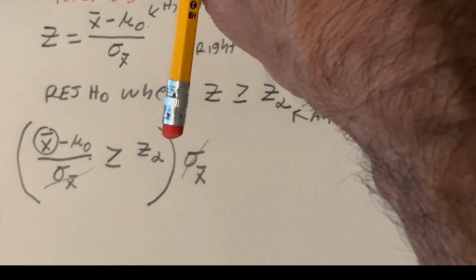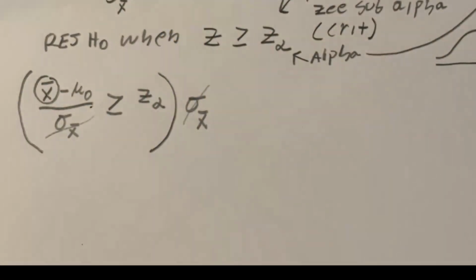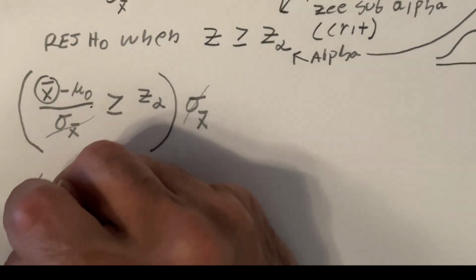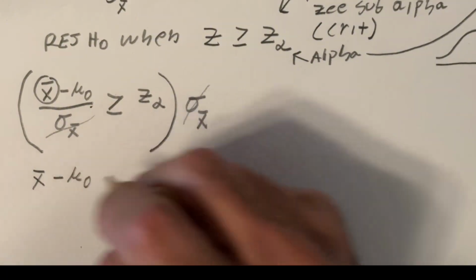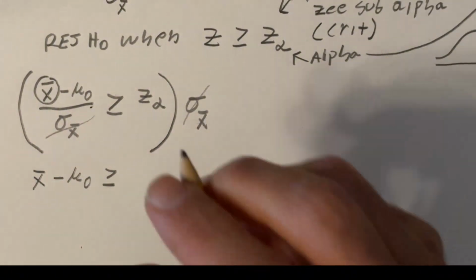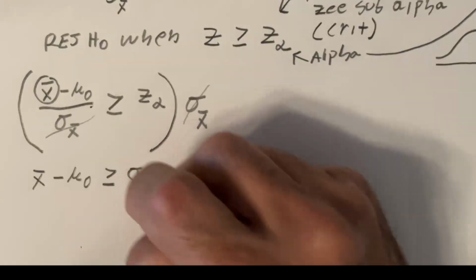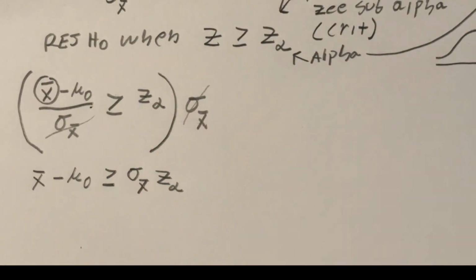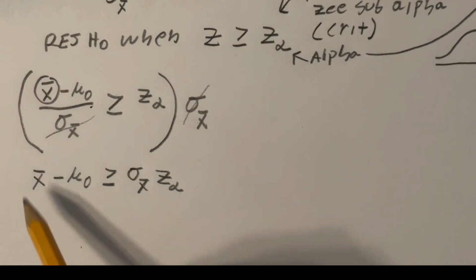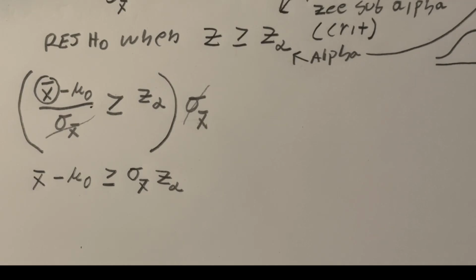And so we are going to write this as x bar minus mu naught is greater than or equal to sigma sub x bar z sub alpha. Right, so we're almost there. We're solving for x bar. Now, can you figure out what to do next?